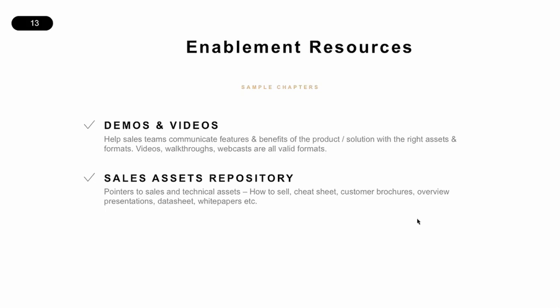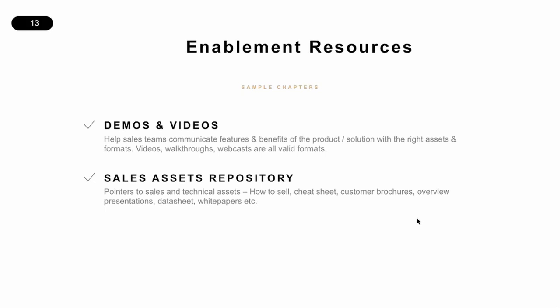Remember, the salespeople may or may not be there to drive through some of this content at the end of the day. So if they have to leave something behind, you need to ensure that you have content in different formats that you can actually share with your sales teams.